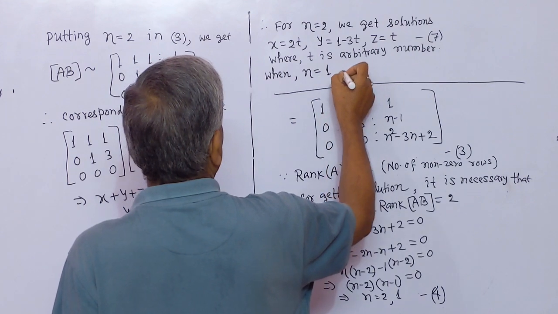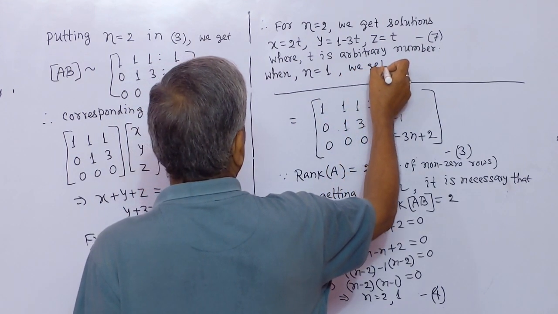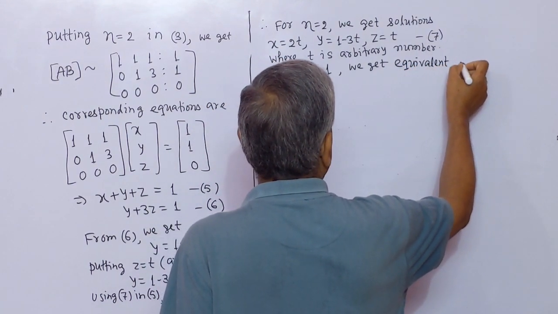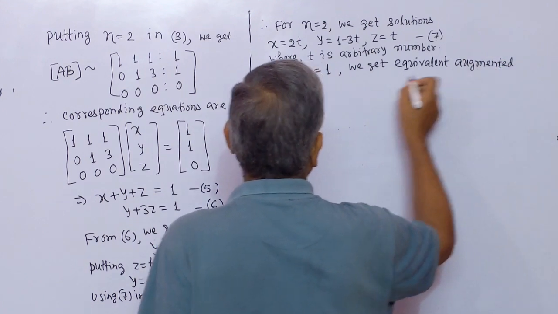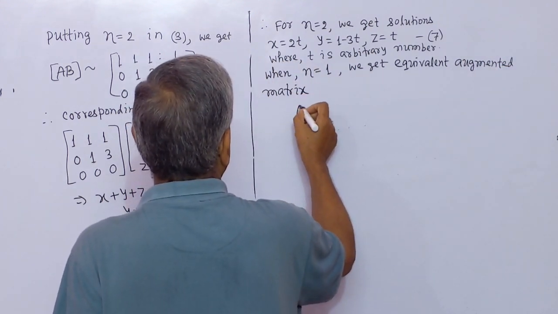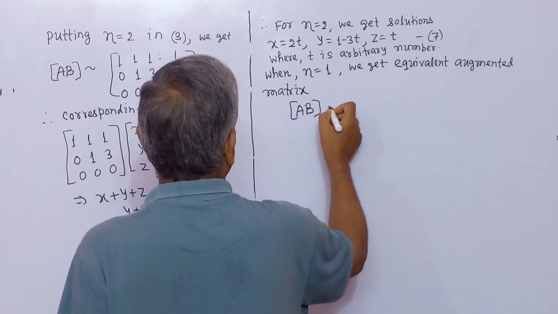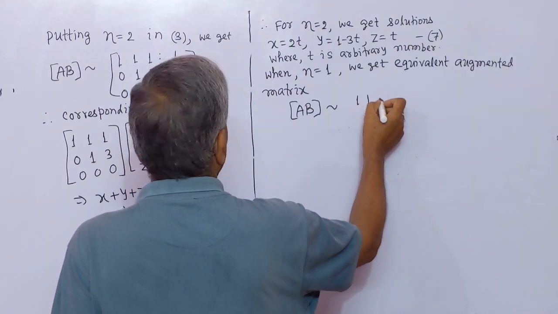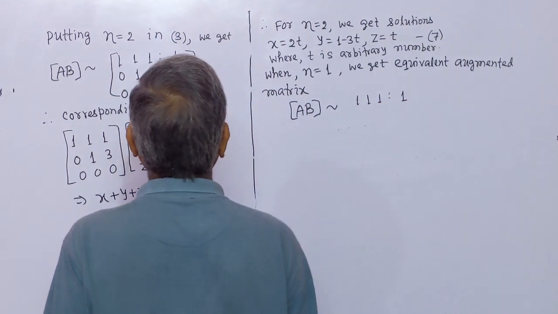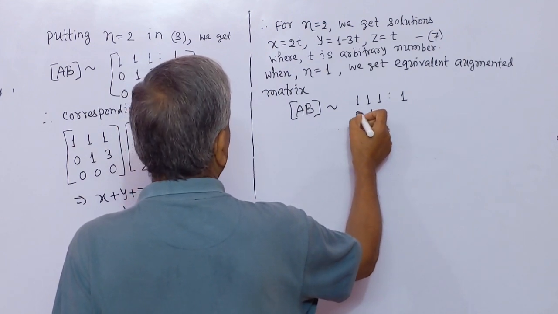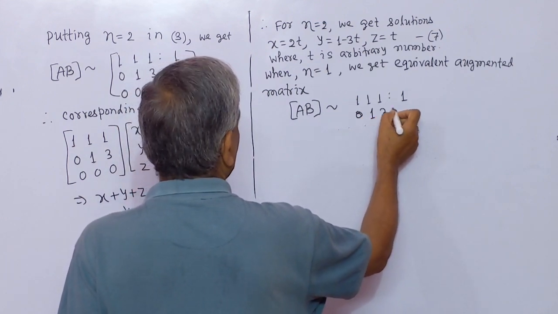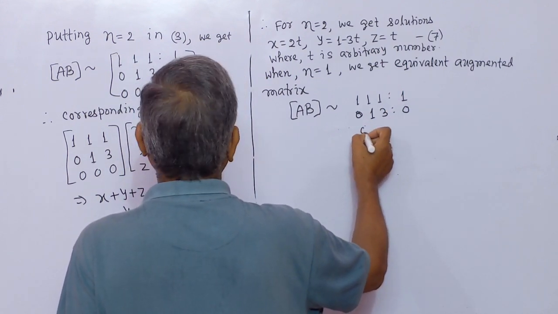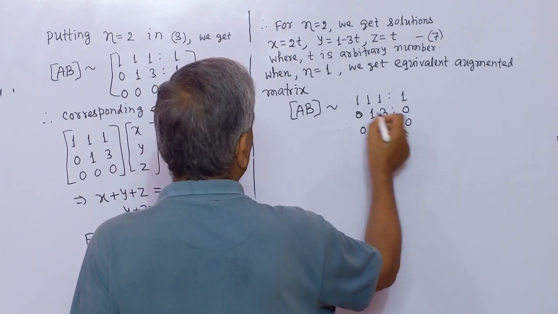When eta equal to 1, we get the equivalent augmented matrix AB equivalent to 1, 1, 1, 1, 0, 1, 3, eta minus 1, eta is 1, 1 minus 1, 0, 0, 0, 0, 0.